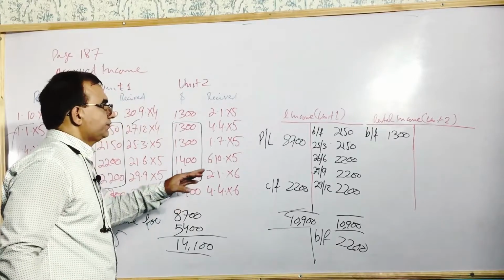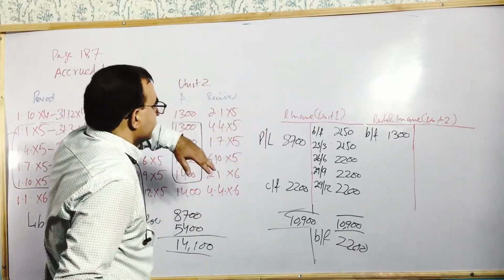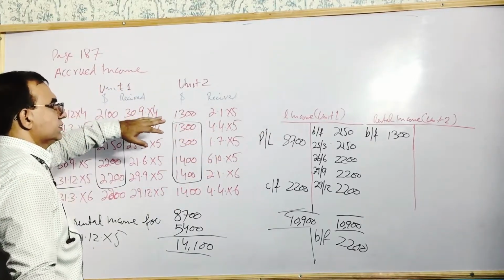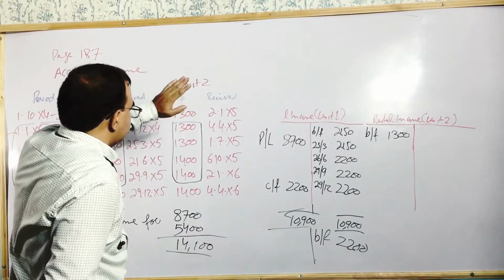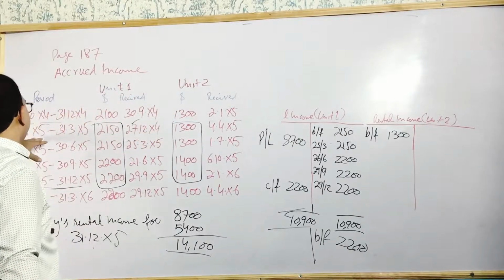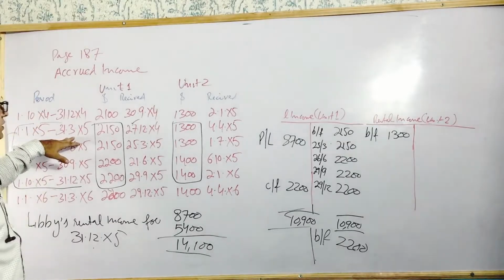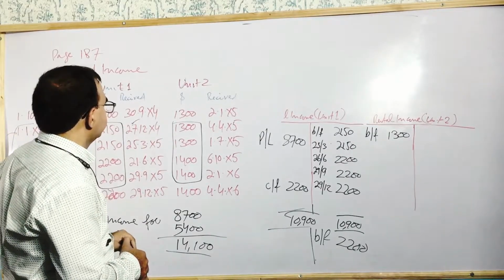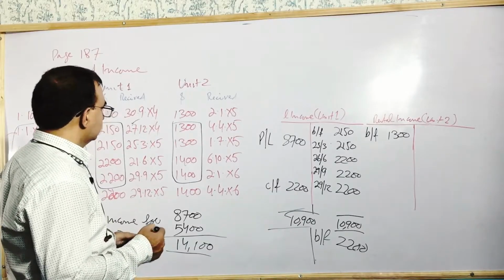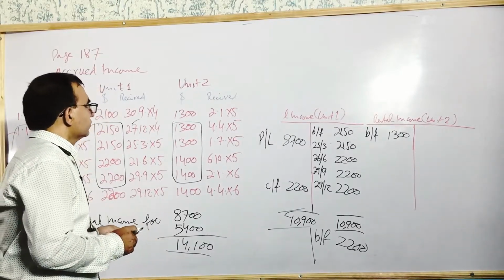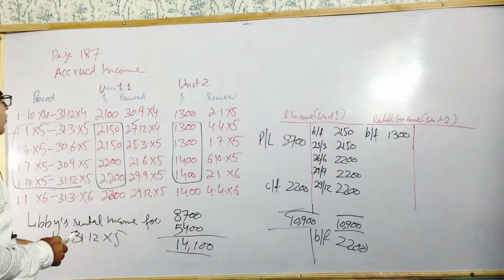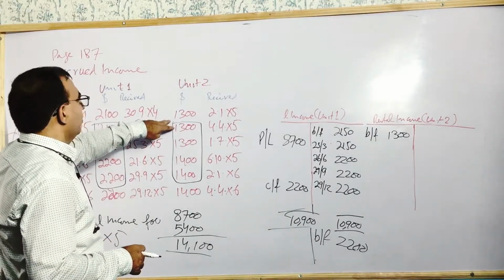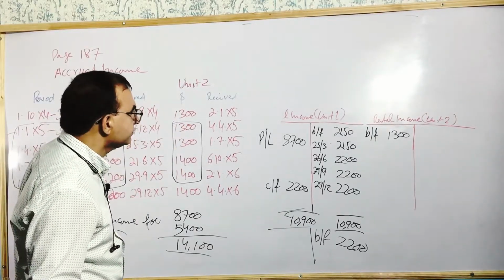For unit 2, 1300 opening balance, that was receivable. Then for first quarter 15, 1300 we received on 14th April. Is that the no? We received this as well on 2nd Jan.